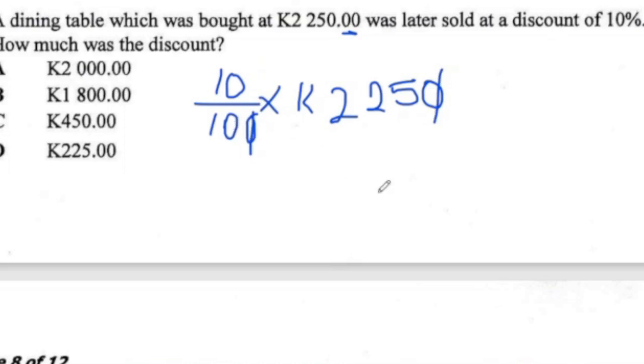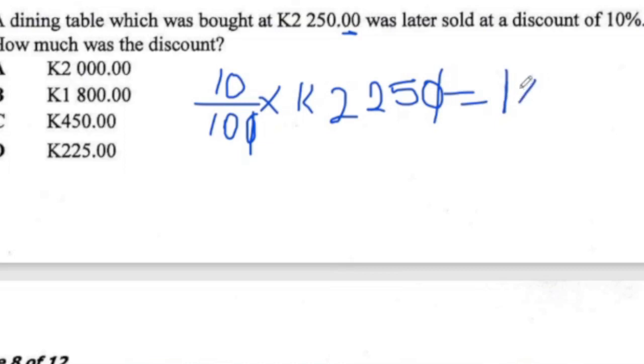Then 10 into 10 gives us 1. You can even cancel this 0 and this 0, then you remain with 1 into 1, which is 1.